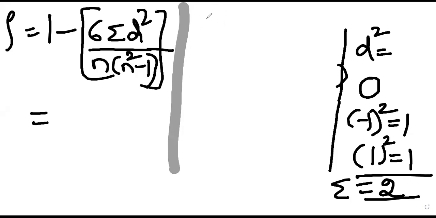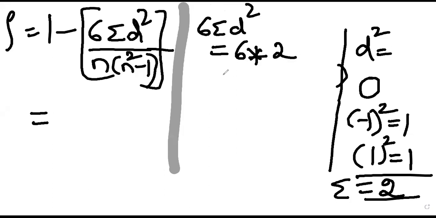So next we have to calculate what is summation d square. It is 6 into summation d square, which is 12.